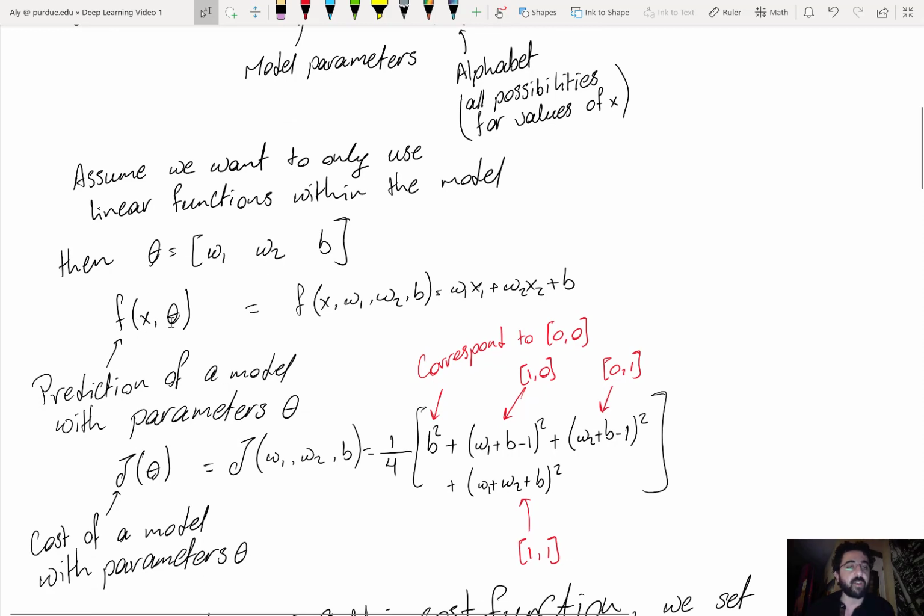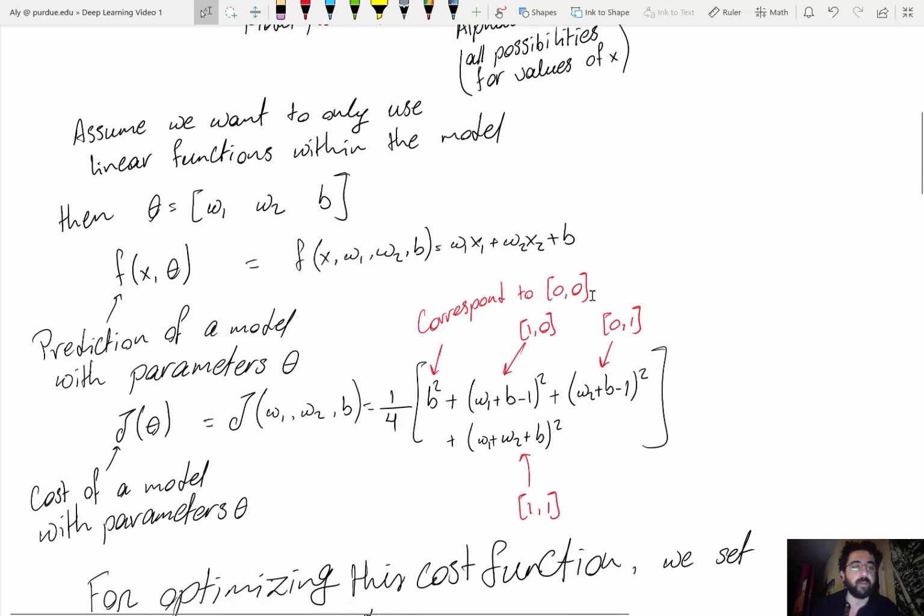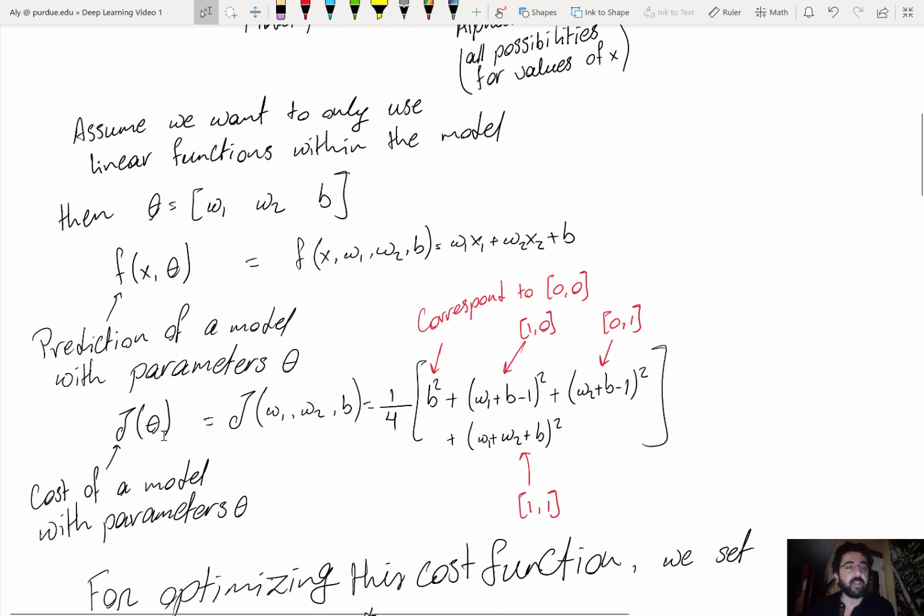So f of x and theta, which is f of x and w1, w2, and b, equals w1 x1 plus w2 x2 plus b.